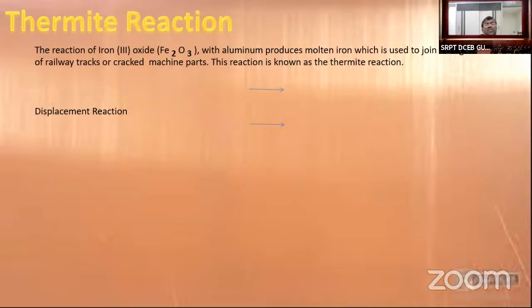Aluminum powder and iron oxide powder are both used. Of course, 78% of iron oxide powder and 22% of aluminum powder are used. The mixture of these two is known as a thermite mixture.